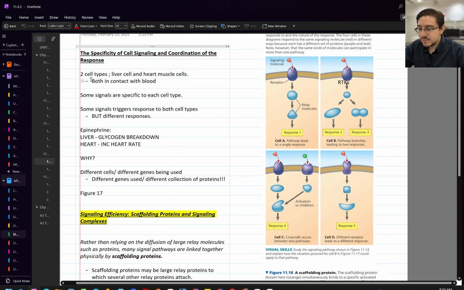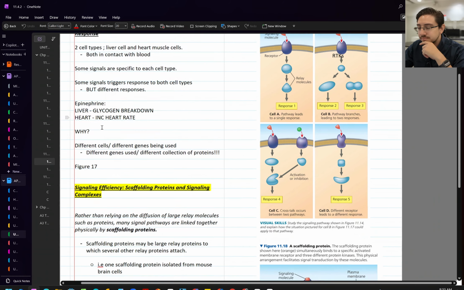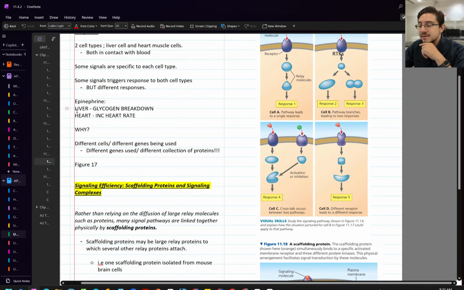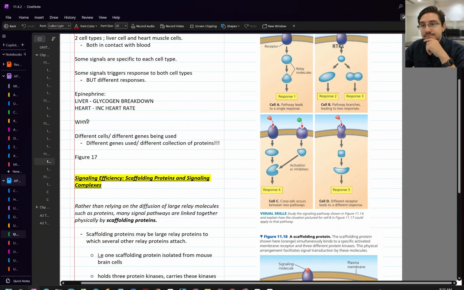Just to give you a sense here, there's 2 cell types. Let's say we have a liver cell and a heart muscle cell. Both are in contact with blood. Epinephrine flows through the blood, okay? But signals can trigger different things within each of these particular cells. So in the case of the liver, you have glycogen breakdown, and in the case of heart cells, you have an increase in heart rate, okay?